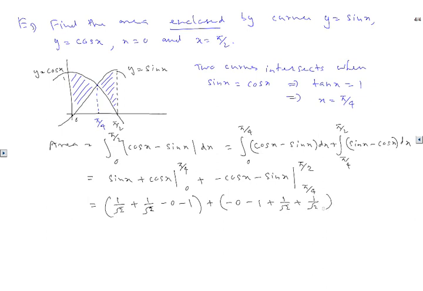Okay, so if you simplify, what do you get? You have 2 over square root 2, which is square root 2, so there are 2 square root 2. So it is 2 square root 2 minus 2. Again, units squared for area.